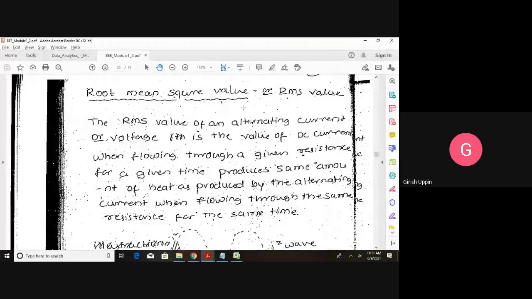Okay, let me repeat again. You have one circuit with a resistance, and you connect an alternating voltage for some time period t.